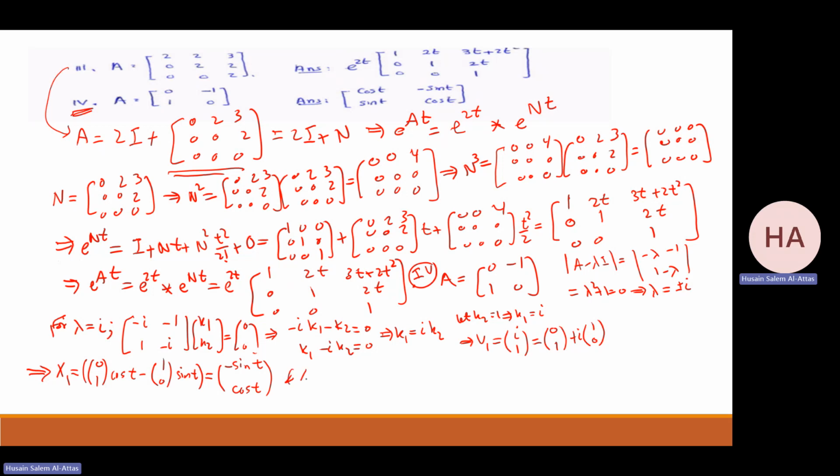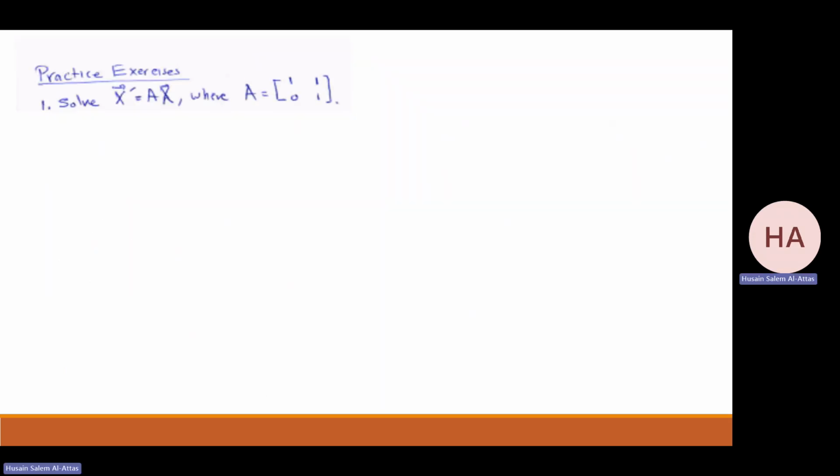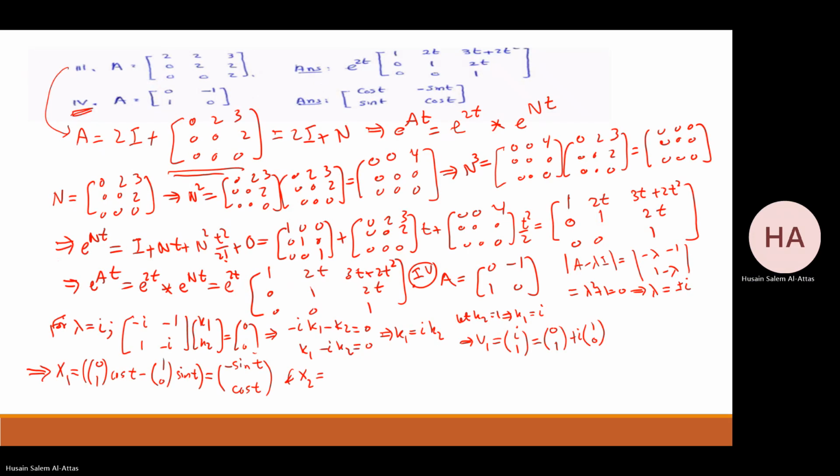And X2 will be 1, 0 cosine t plus 0, 1 sine t, and that will be cosine t, sine t.